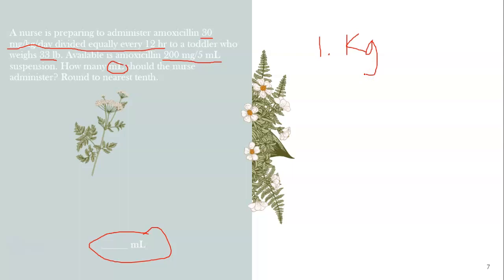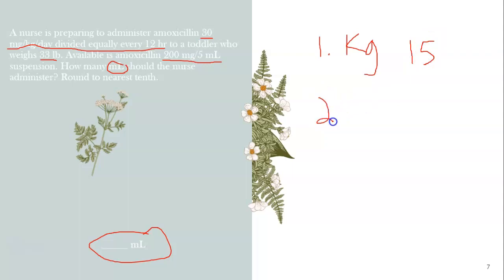So let's just go ahead, grab our calculator. Oh goodness, where is my calculator? So I put in my 33 pounds divided by 2.2 makes it 15 kilograms.